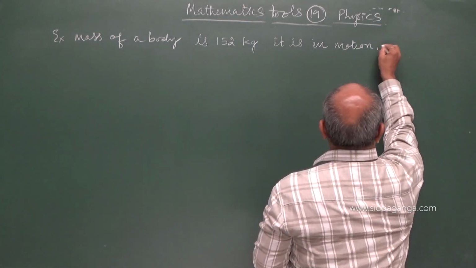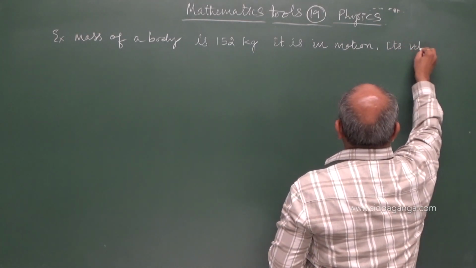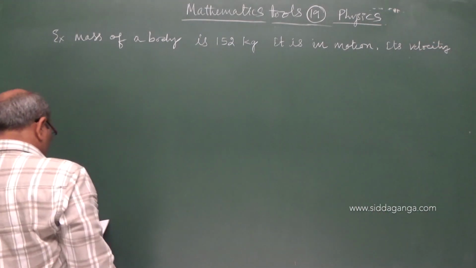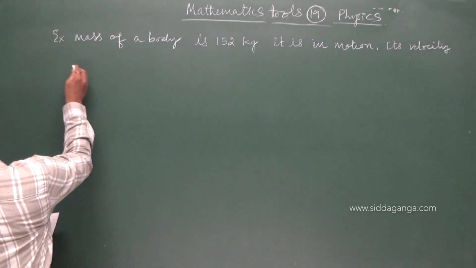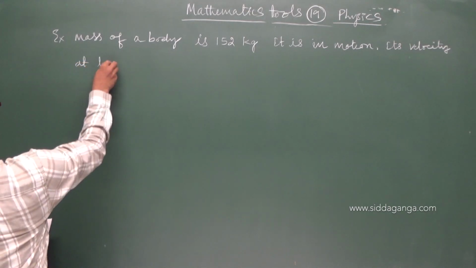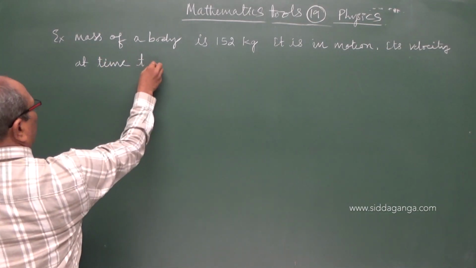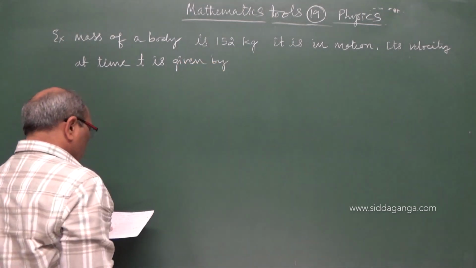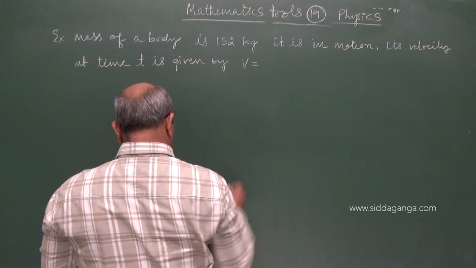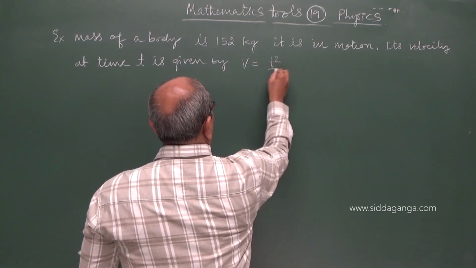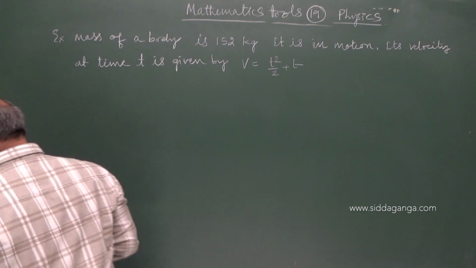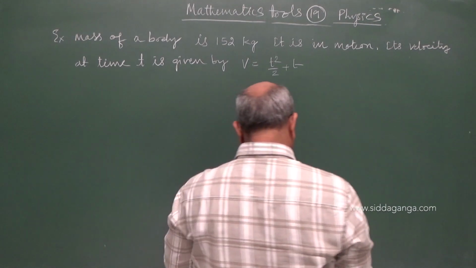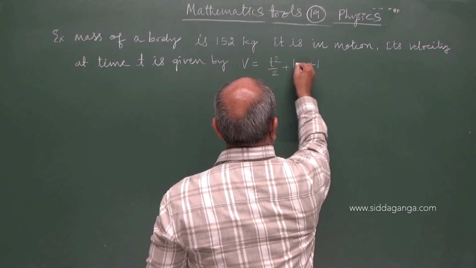Its velocity at time t is given by v is equal to t square by 2 plus t plus 1.